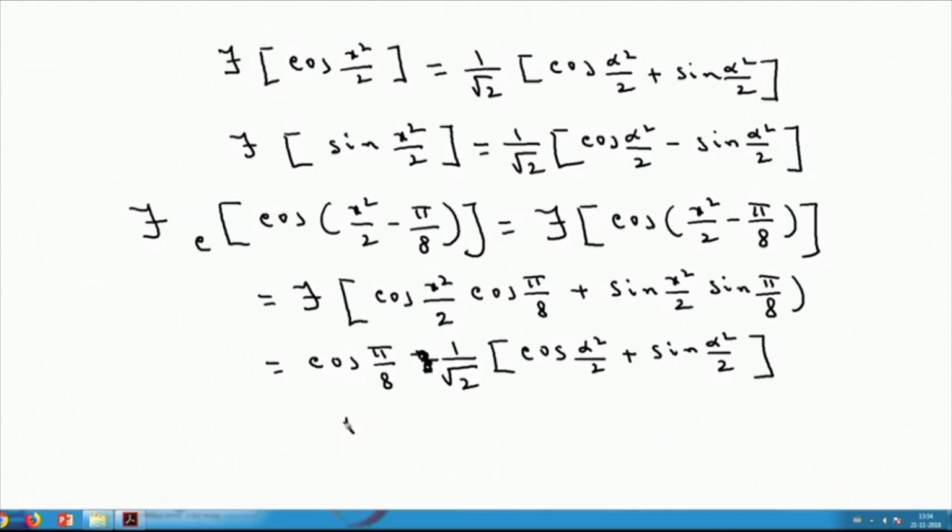Similarly, plus sine pi by 8 into 1 by root 2 into cos of alpha square by 2 minus sine of alpha square by 2.